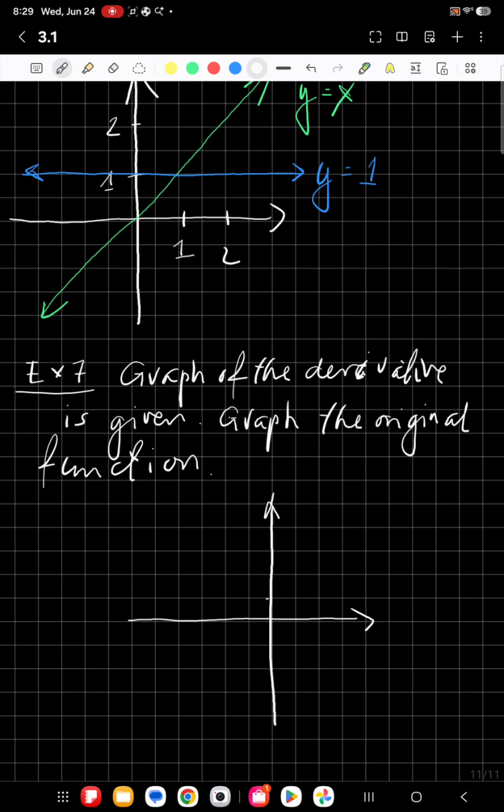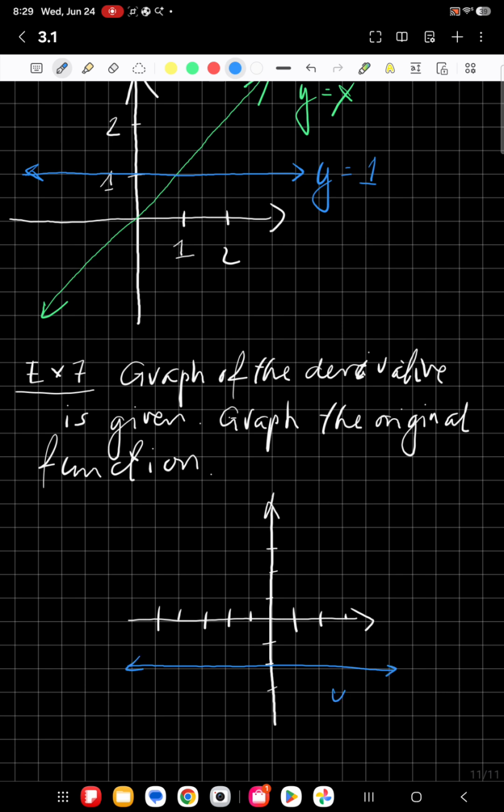Let's say this is 1, 2. Okay, so this time this is the graph of the derivative.